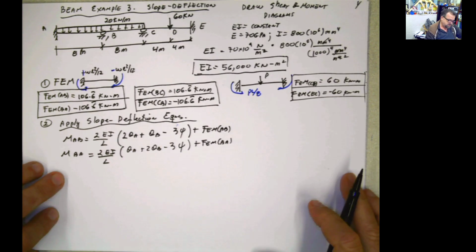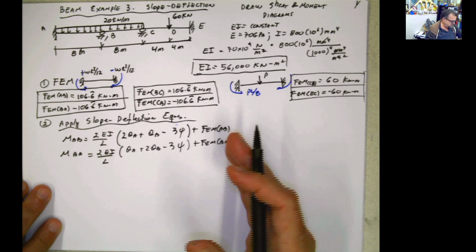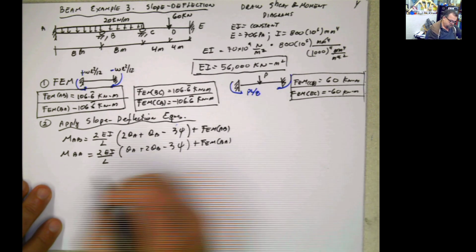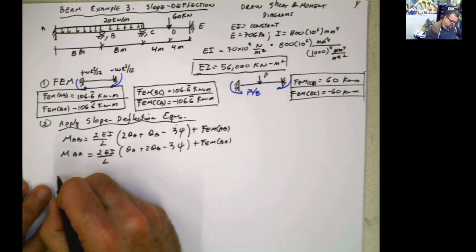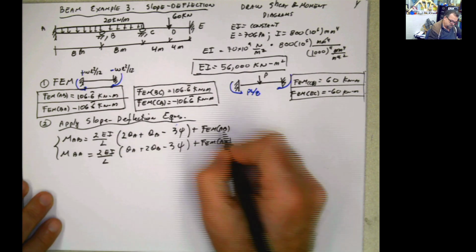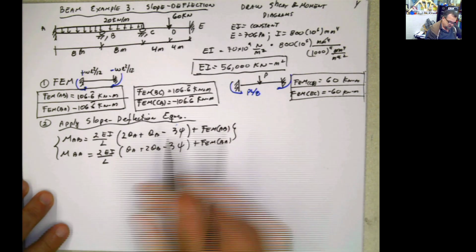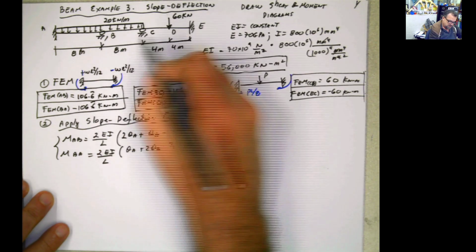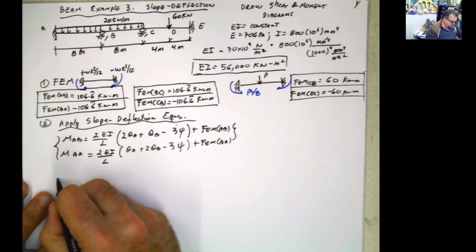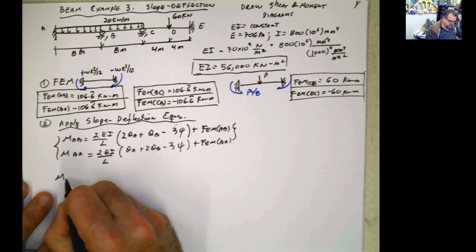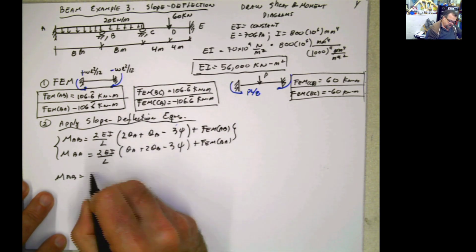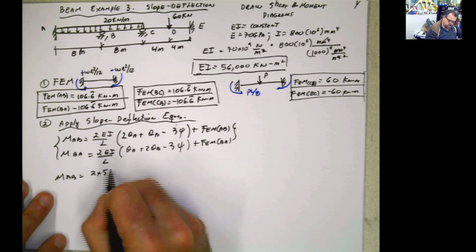So let's start with this one and let's apply that for AB. These are the equations. If you are gonna do BC, it's the same, just change the sub indices, and same thing here.